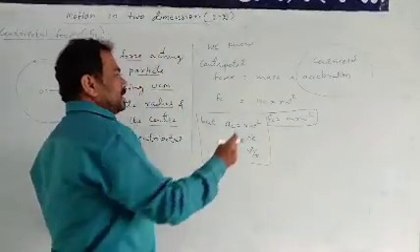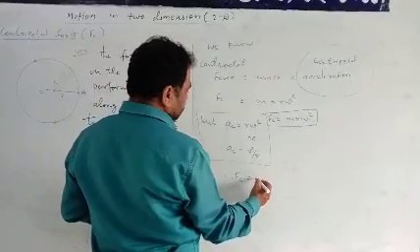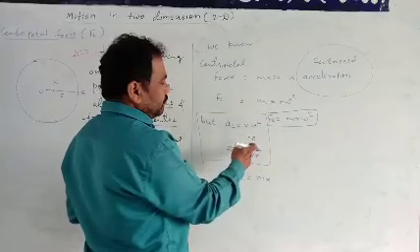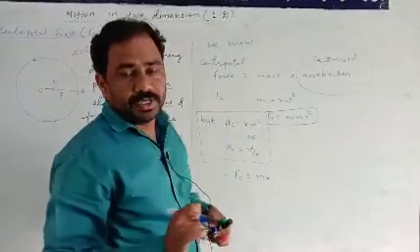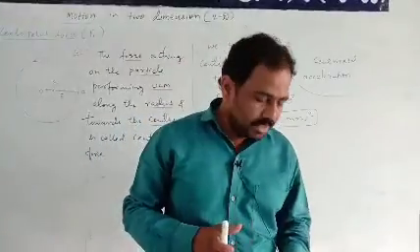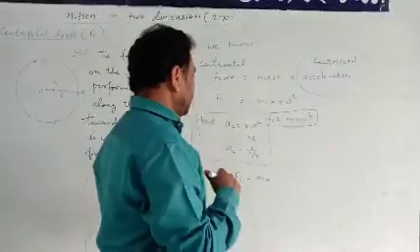Or instead of r omega square, you can use v square by r, so centripetal force is equal to mass into v square by r. We have seen in our previous videos that r omega square is the magnitude of centripetal acceleration, or we can say v square by r is the magnitude of centripetal acceleration.